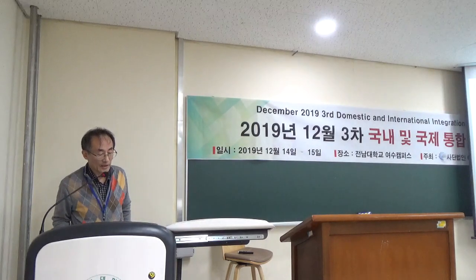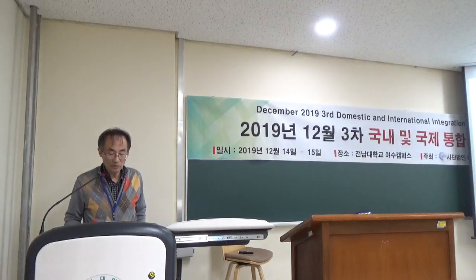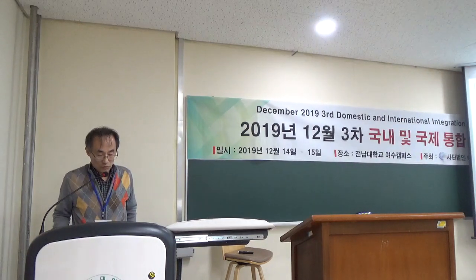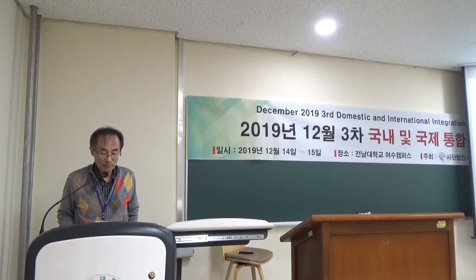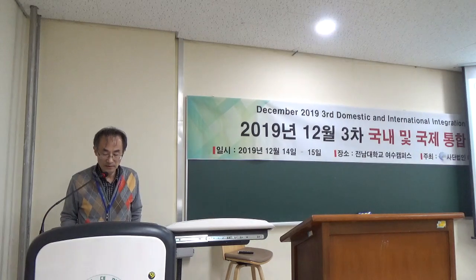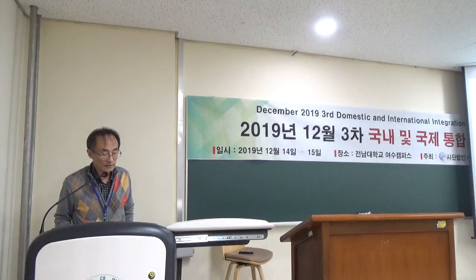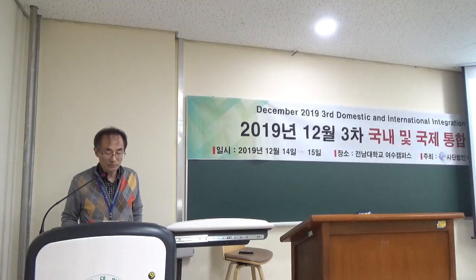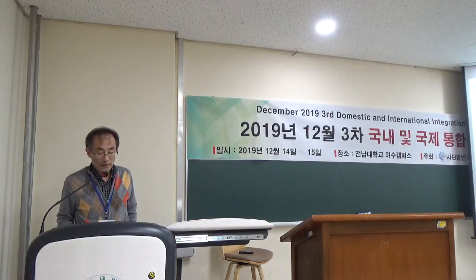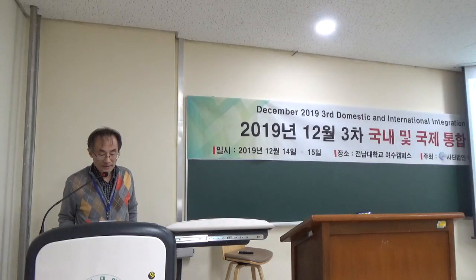So here, the exhaust temperature of the 200 kilowatt bio engine we are using now is initially 400 Celsius, and the nitrogen oxide concentration at that time was 190 ppm.